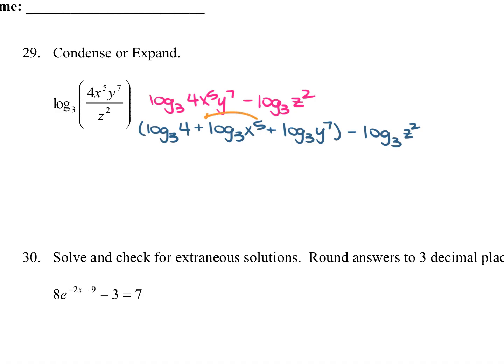Lastly, our powers move to the front of those log expressions to give us log 3 of 4 plus 5 times log 3 of x plus 7 times log 3 of y minus 2 times log 3 of z.